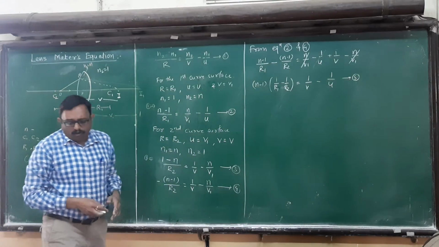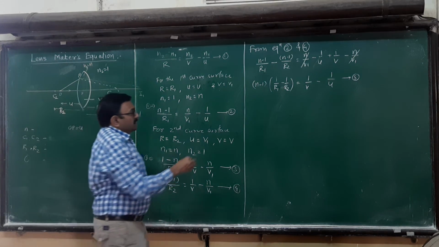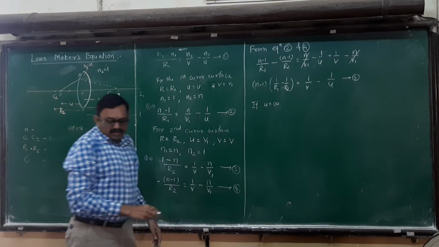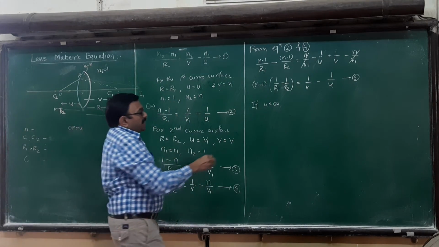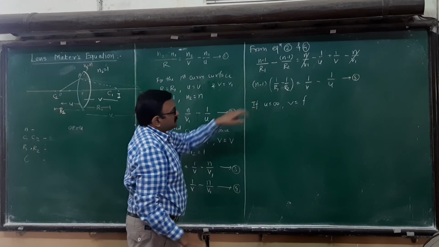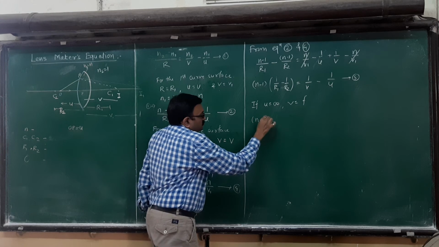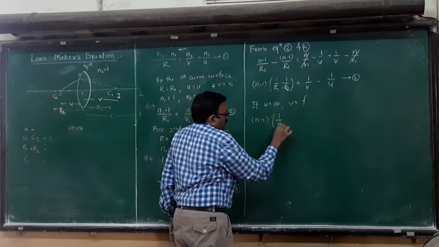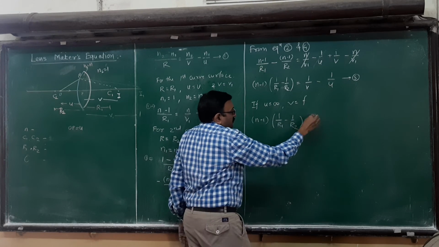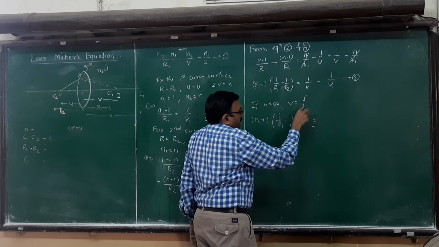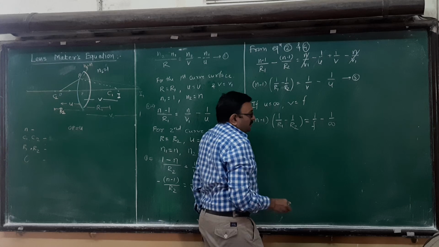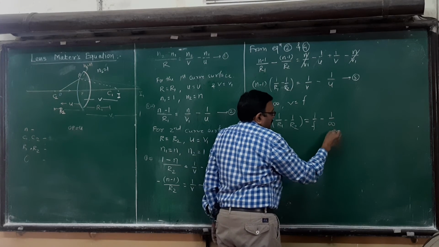Also, we know that if the object is placed at infinity, its image is obtained at the point F. Then we write the corresponding equation: (N minus 1) into (1 upon R1 minus 1 upon R2) is equal to 1 upon V, which we replace with 1 upon F, minus 1 upon U. 1 upon U means 1 upon infinity, which becomes 0.